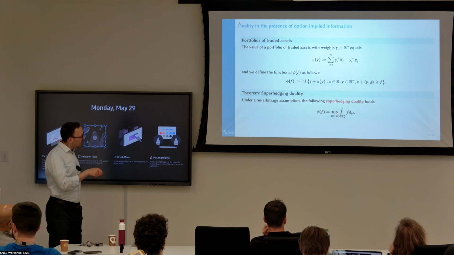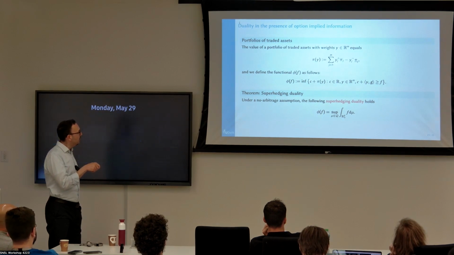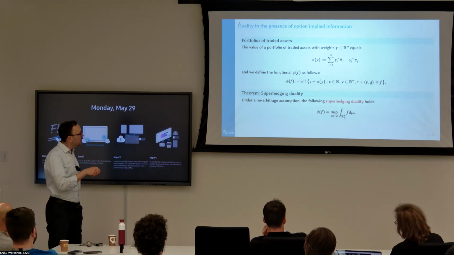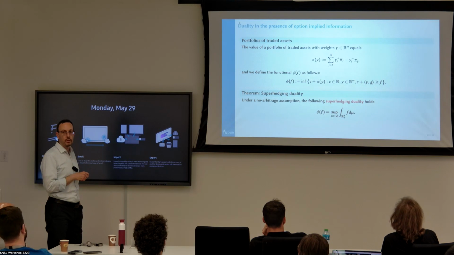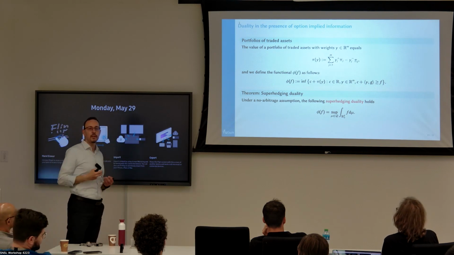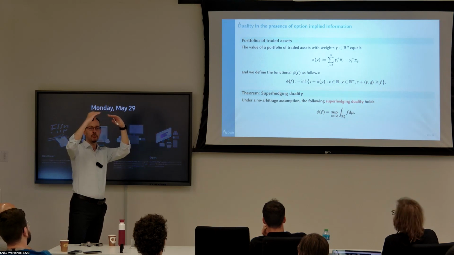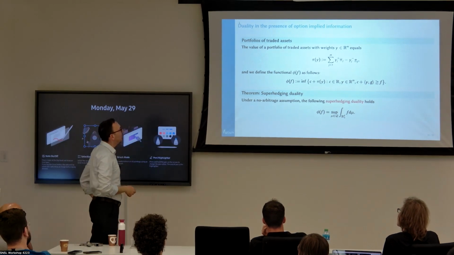So the supremum of this price is equal to the infimum of all the trading strategies, trading in the money market account and trading at the bid and ask prices of whatever is available in the market, subject to the condition that the trading strategy is producing something which is greater than the payoff. Okay, again, the same thing as before, right? The setting is a bit different, but the idea is the same. You take all your trading strategies that are producing a super hedging price for your payoff, and then you minimize this, and then you're here.